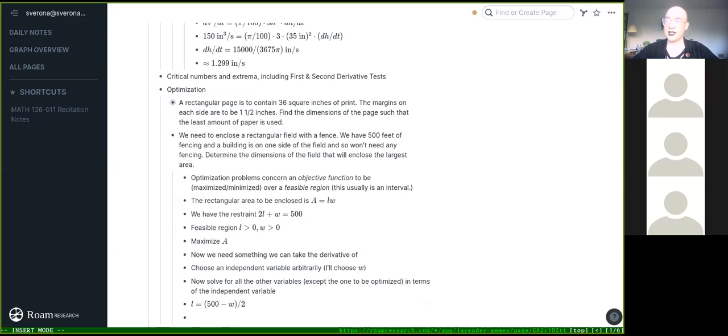And now we need to plug that into our area function. And now this is only going to depend on one variable.